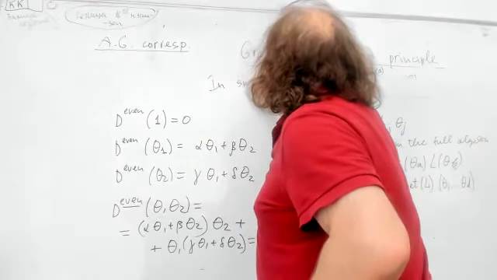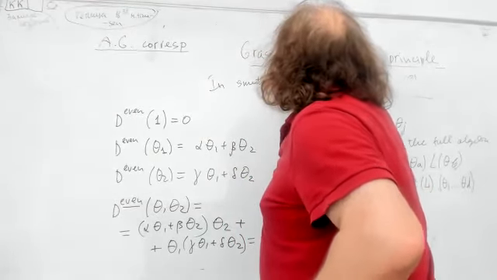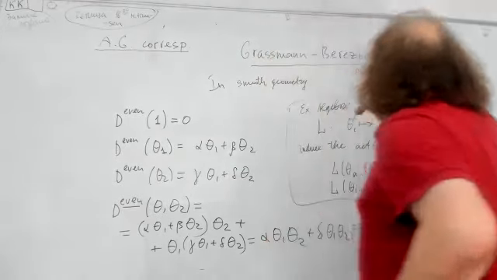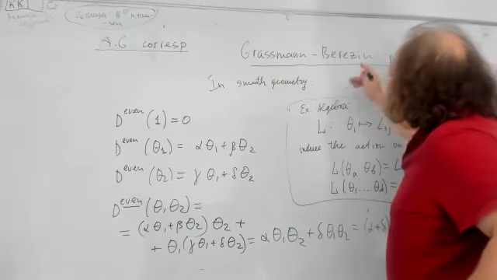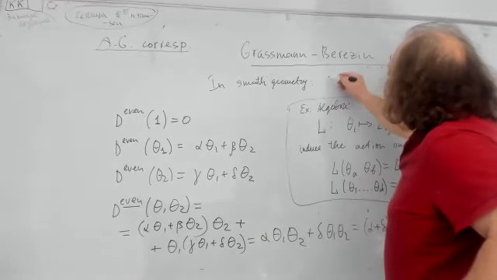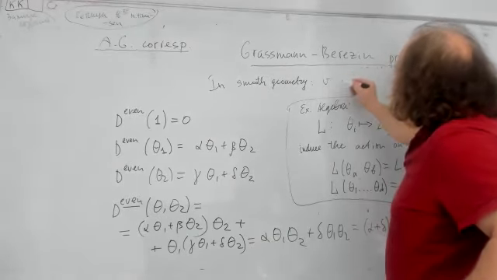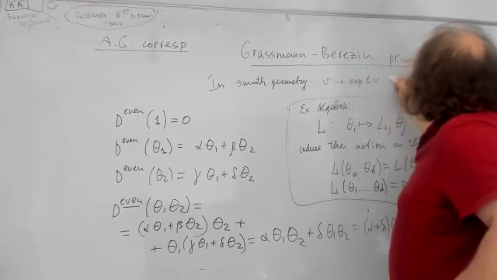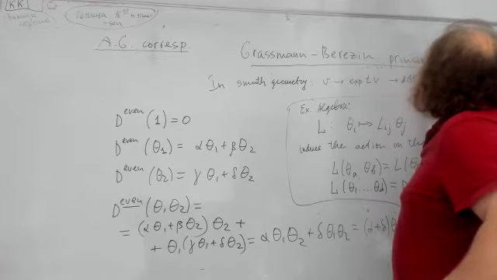In smooth geometry, we say that a vector field could be exponentiated to a diffeomorphism.